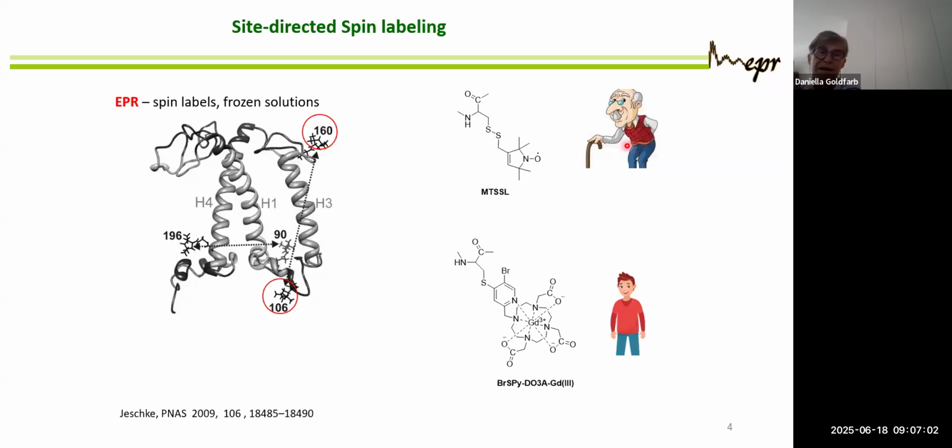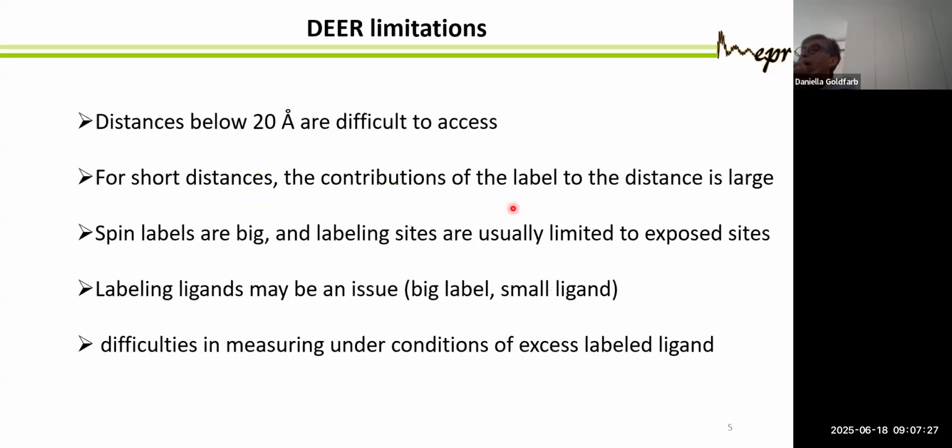It's not dying, it's just been around for a while. You can also use gadolinium spin labels, which are not babies anymore, maybe they are teenagers, and there are still trityl, copper, different types of nitroxide, and manganese. But in this work, I will concentrate mostly on gadolinium spin labels, maybe a little bit on nitroxide.